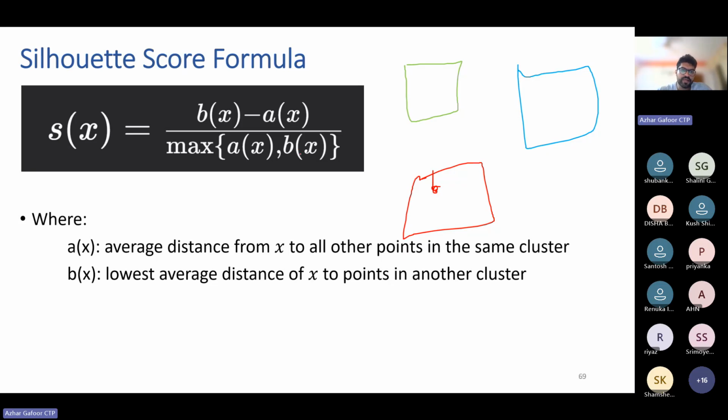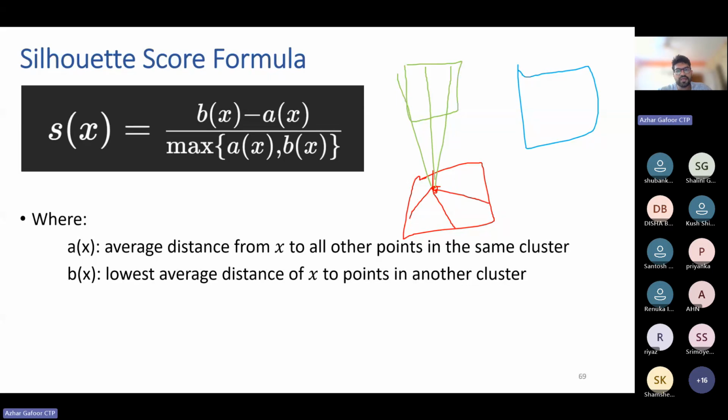The maximum will be B in this case. Let's say B is this distance averaged, and A is this distance averaged.